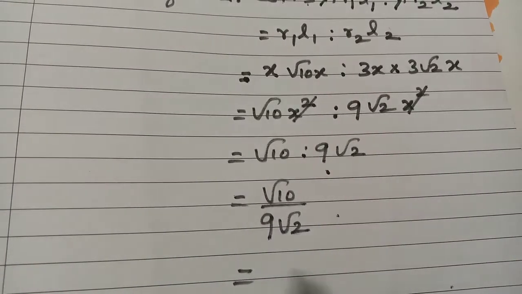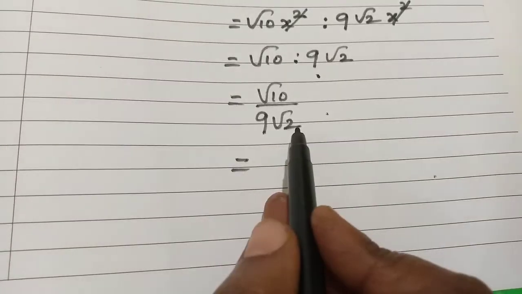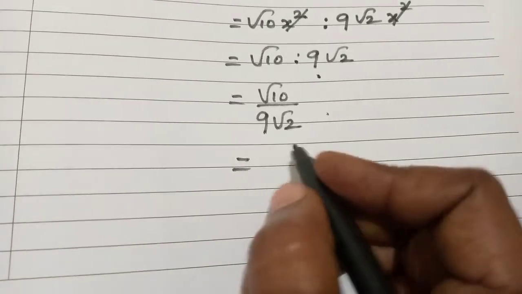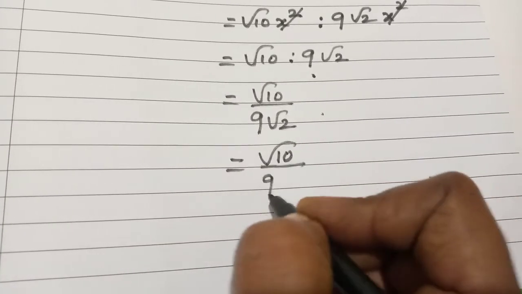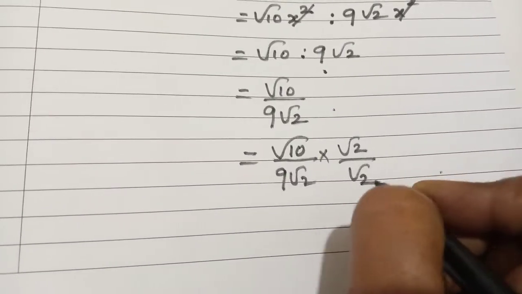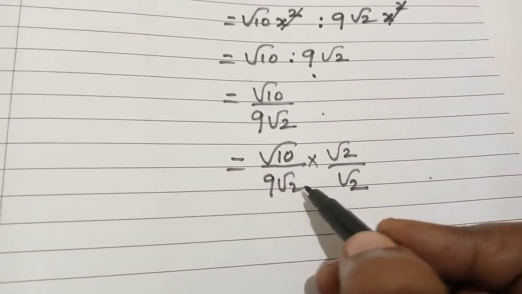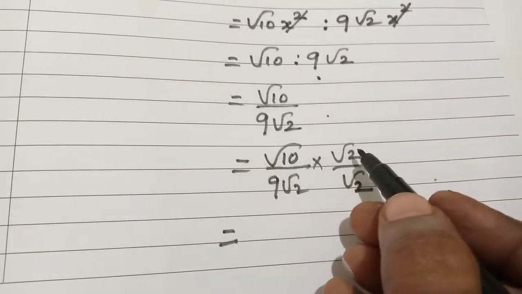Let's rationalize this denominator, multiplying root 2 by up and down. So root 10 by 9 root 2 into root 2 by root 2.